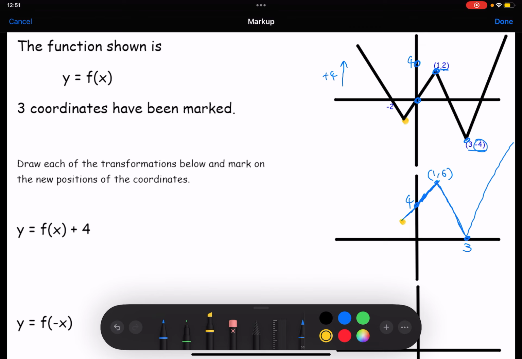I don't know exactly where that is, so I'll leave that there. And the point that was here at -2, 0 is now going to be here at -2, 4. And there we go. The whole graph has just shifted up 4 squares in the y direction.